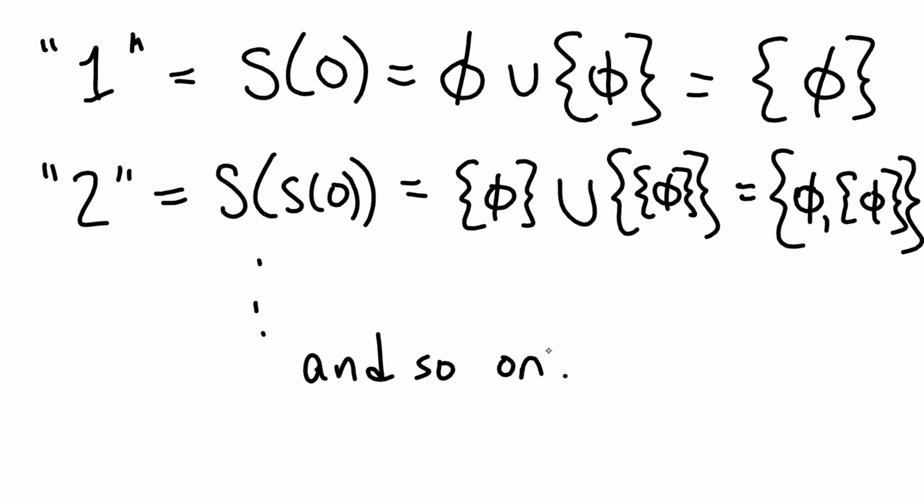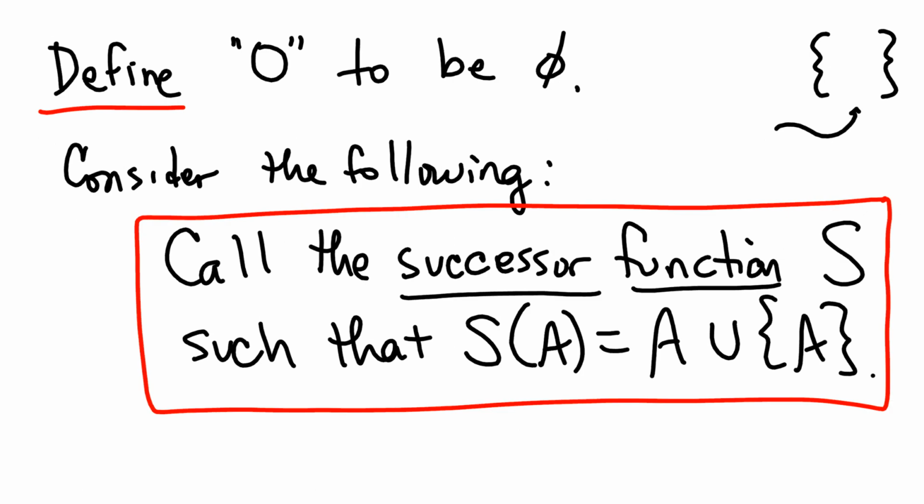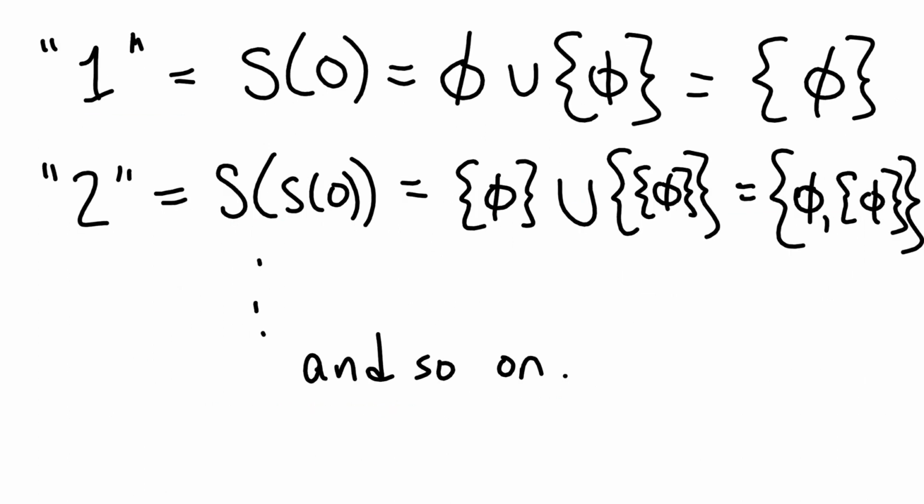1 object in this set, 2 objects in this set, and so on. And so inductively, we get every whole number just from defining 0 and creating what is essentially an inductive step. We can generate every whole number in this way. If we want to know what whole number 2021 means, that's easy.